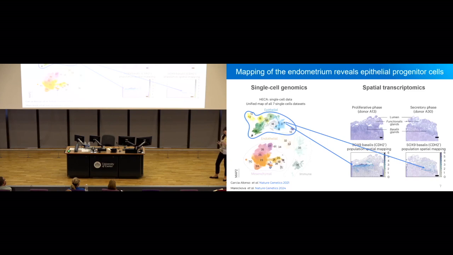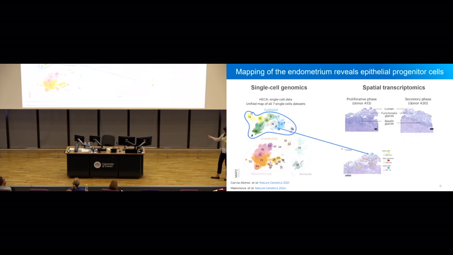This is the layer that doesn't get shed during the menstrual cycle. And this population also expressed a lot of progenitor markers, which allows us to give the identity of a potential progenitor of the epithelium of the endometrium.